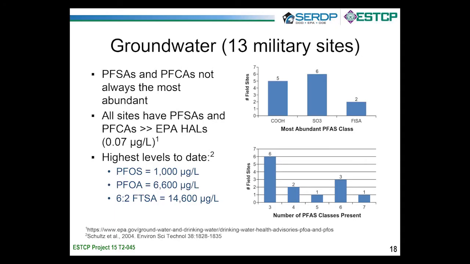The other important thing is that at least at the types of sites that we've looked at, where you've had these fire training areas and the AFFF has been released, basically every site we've looked at has concentrations in the groundwater well above the health advisory levels issued by the EPA late last year. And so what's shown here are some highest levels to date, although I'm expecting as more and more sites get sampled, the record breakers could go up.